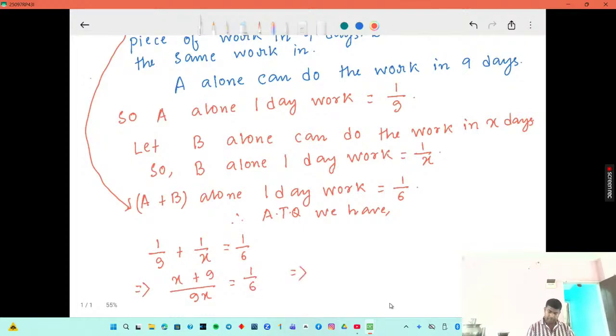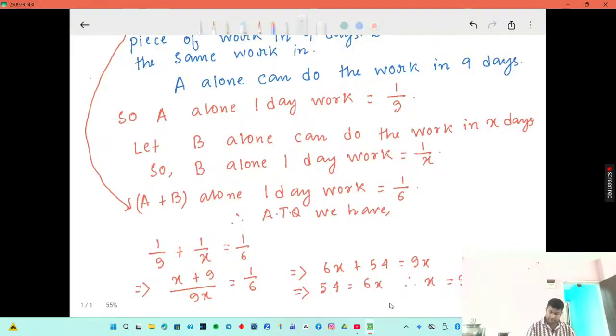So here x plus 9 by 9x is equal to 1 by 6. So 6x plus 54 is equal to 9x. Now 54 is equal to 6x. Therefore, x is equal to 9. No, x is not 9.